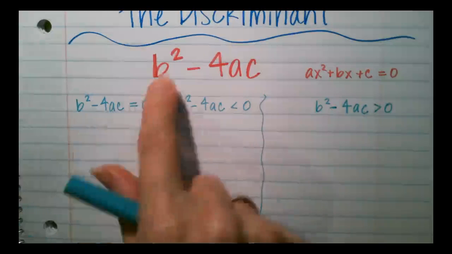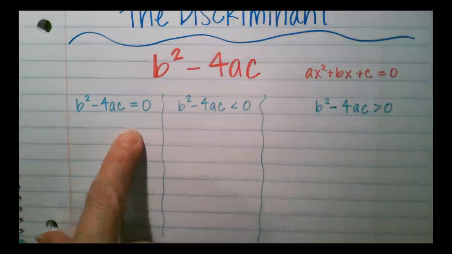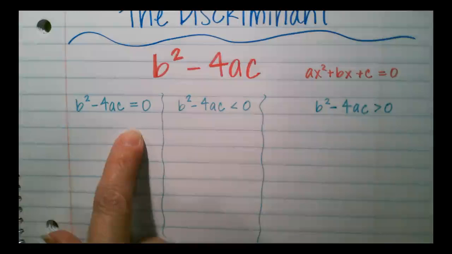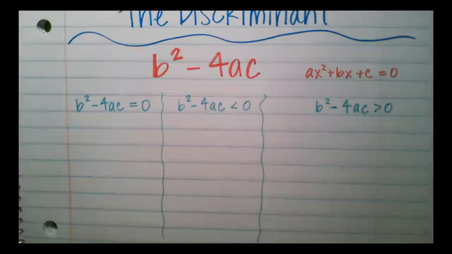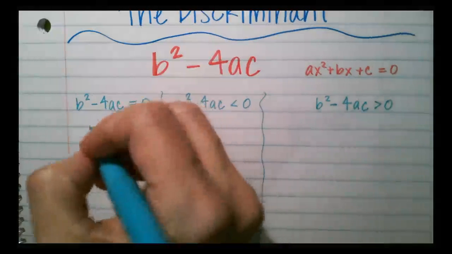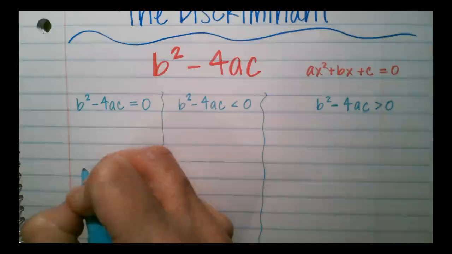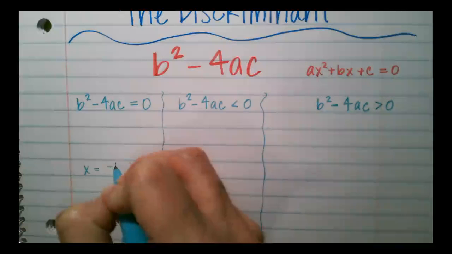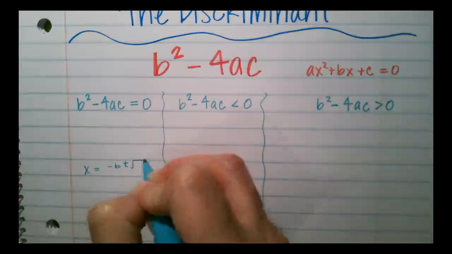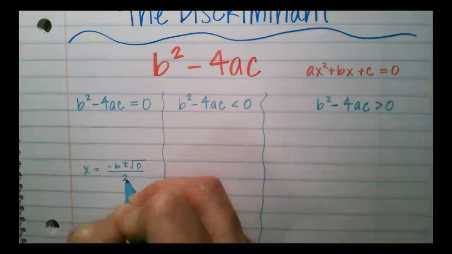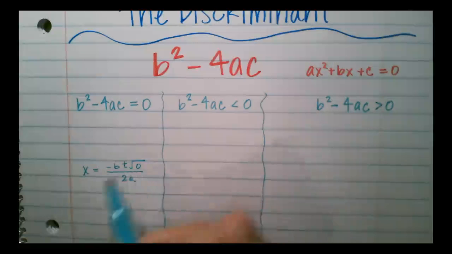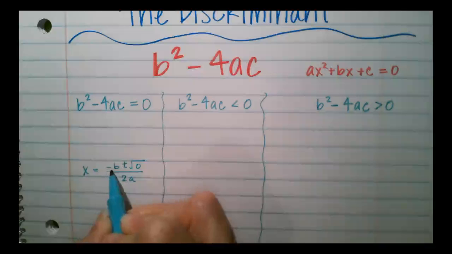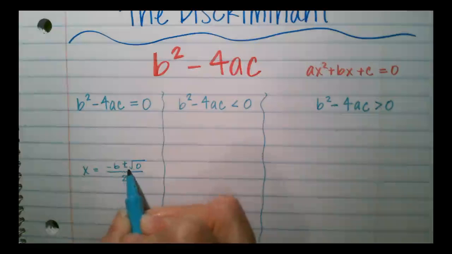So let's say you fill in b squared minus 4ac and you get that it equals 0. What that means is that when you go to do the quadratic formula, you're going to have plus or minus the square root of 0. So you would have negative b plus or minus the square root of 0 over 2a. Now, we know that the square root of 0 is 0, so you're going to have negative b plus 0 and negative b minus 0.